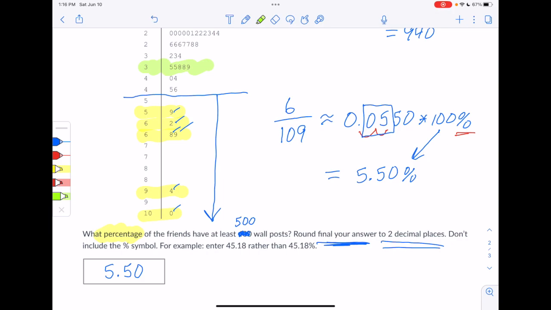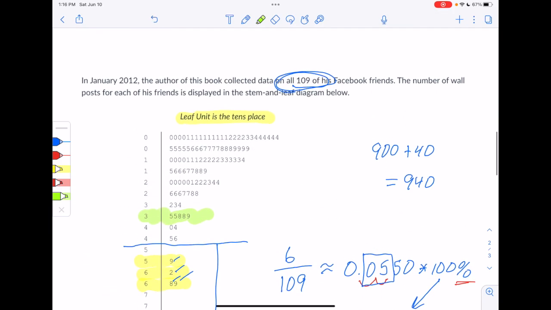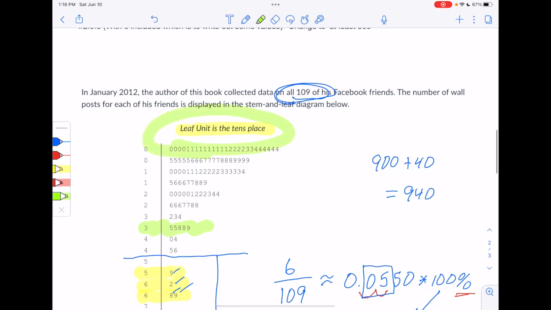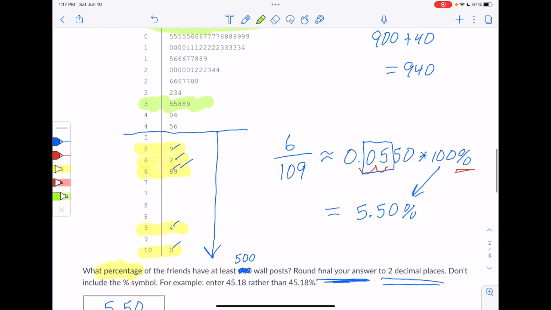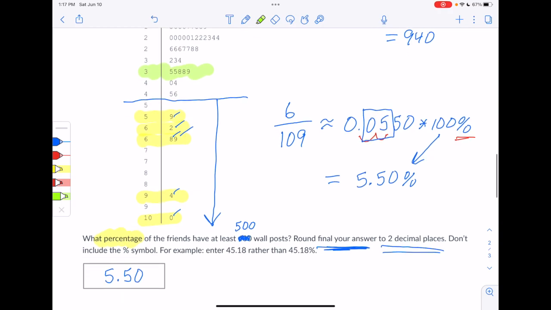So paying attention to this note up top, that's the real key to getting this problem right, I think. And then the rest, the math is fairly straightforward. It's just that the chart has altered units, and if you don't pay attention to that, you really don't have much chance of getting it right.